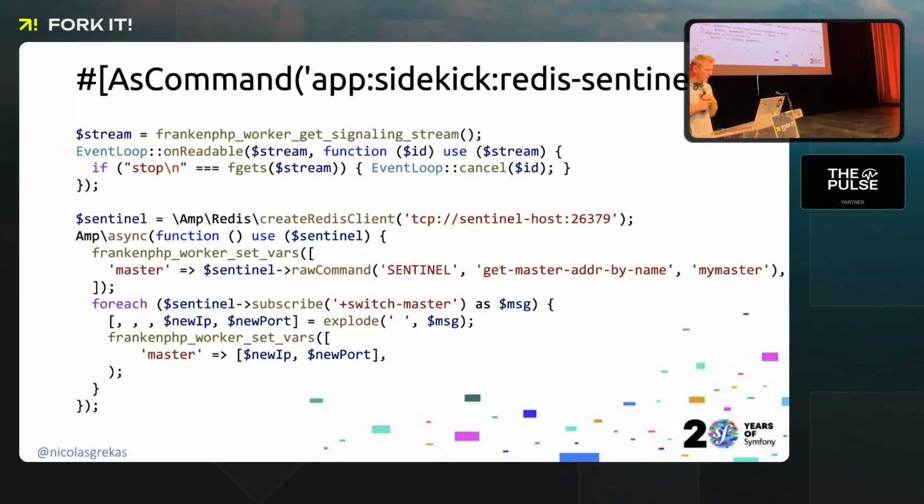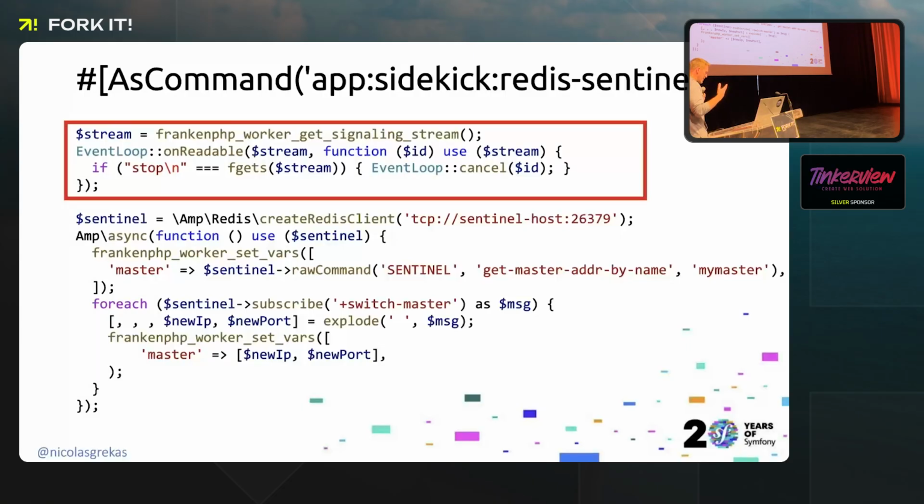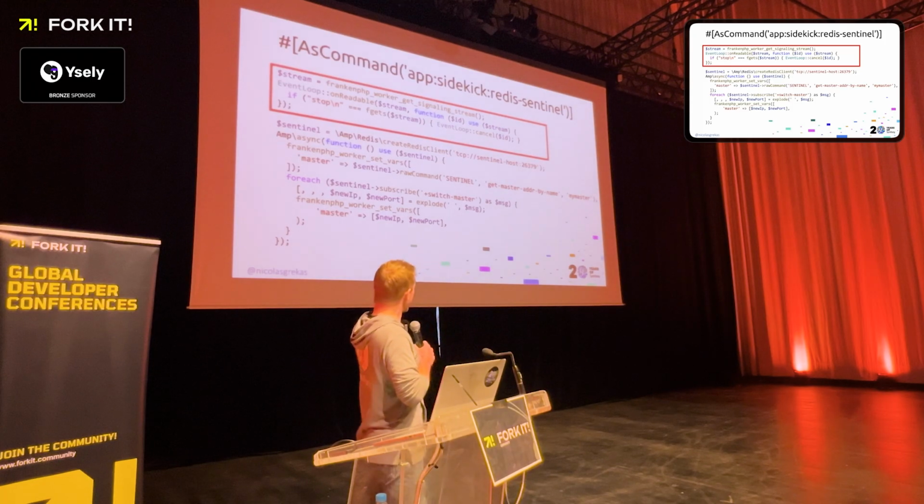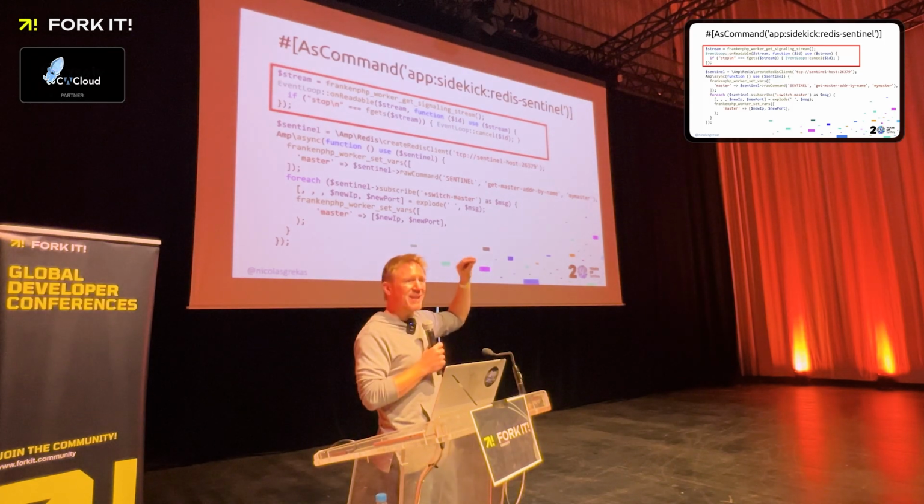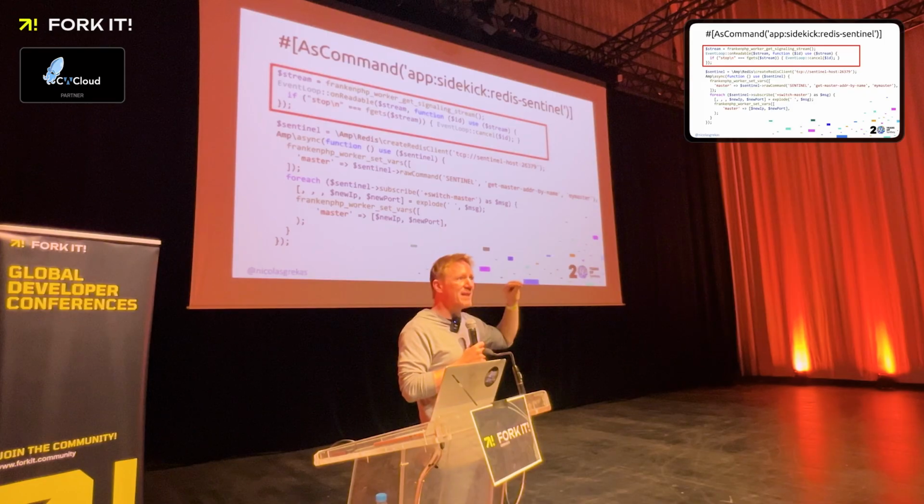This is a more involved code example, closer to what I think workers should look like. Here we are writing this Redis Sentinel worker, and I'm using a full event loop and a reactive implementation. At the beginning, I'm getting this signaling stream to know when I need to stop.